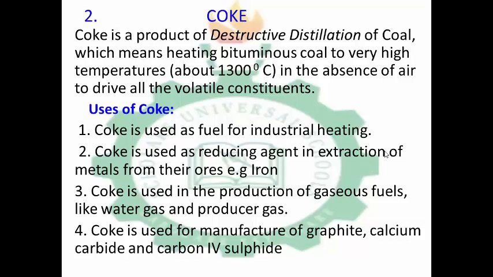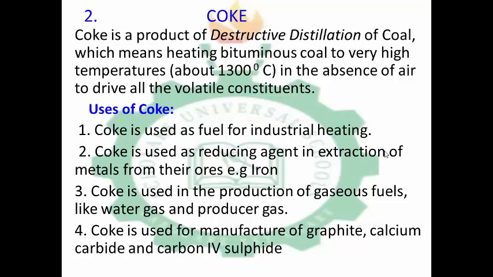Recall that we have two major ways of extracting iron from the ore. One is by electrolytic method. The highly reactive metals are always extracted by electrolytic method. Then those ones that are not very reactive are extracted by reduction, that's redox process, that's oxidation and reduction process.